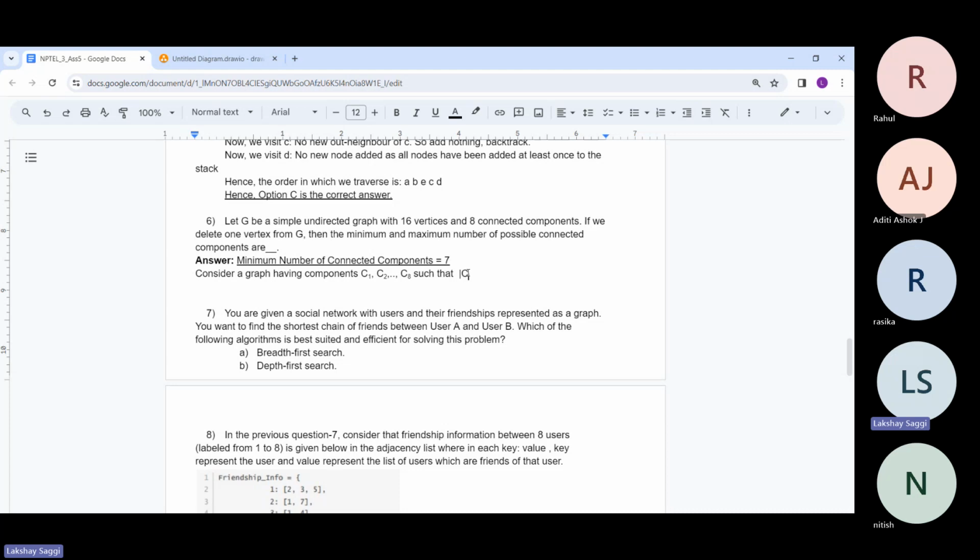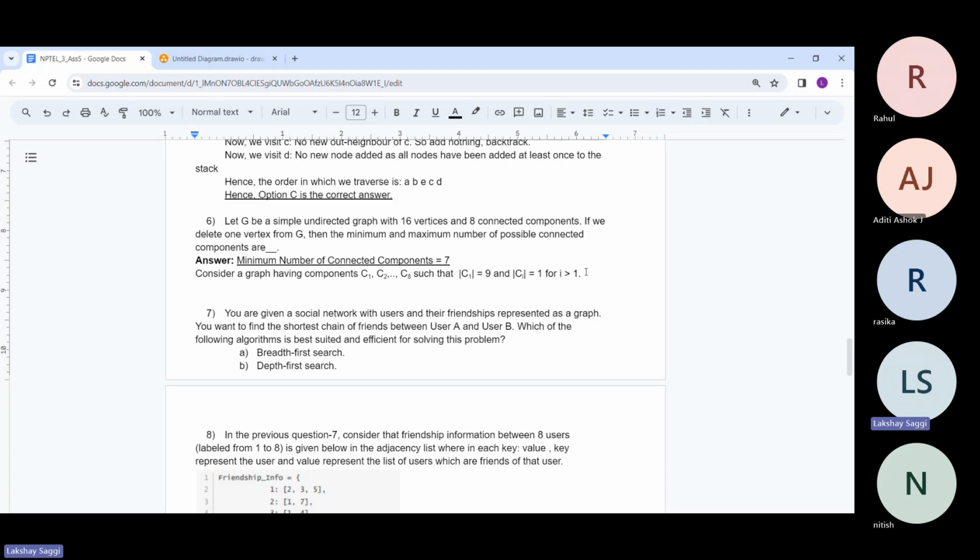So the number of vertices in the first component is actually 9, and the remaining components, Ci is 1 for i greater than 1. So note that we'll get 16 vertices using this, because there are 7 such components which have one vertex and this has 9 vertices. So there are 16 vertices and 8 connected components.